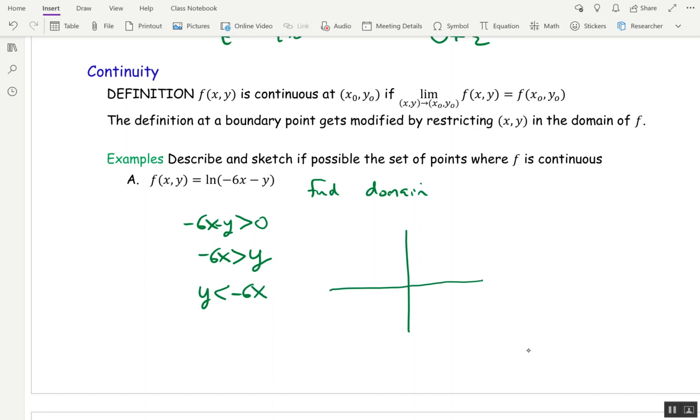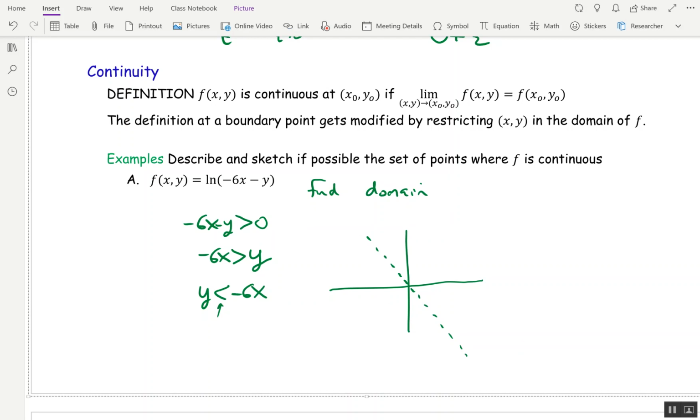So y equals negative 6x is a line, goes through the origin, slope negative 6. Since there's a strictly less than here, I'm going to dot in that line because it's not part of the domain. Those points are not in the domain. And then what regions do I shade?